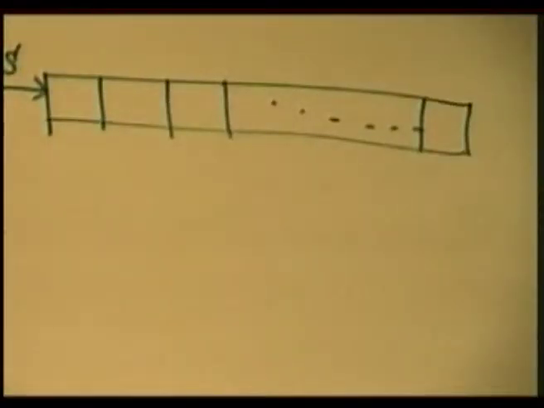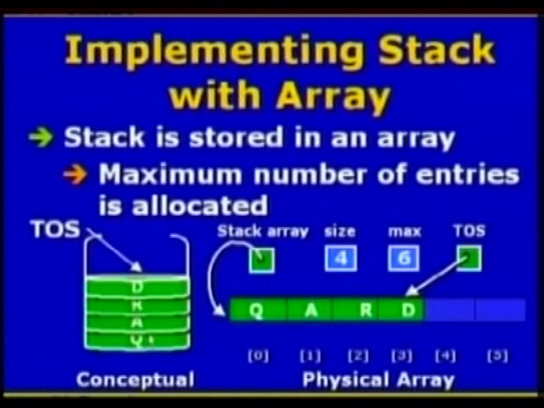And when I push, then I'm going to be adding entries to here, all right? And when I pop, I will always take the very last entry in the array. Let's see. So here's the conceptual stack, all right? This container. And I always have this TOS pointing to the last entry.